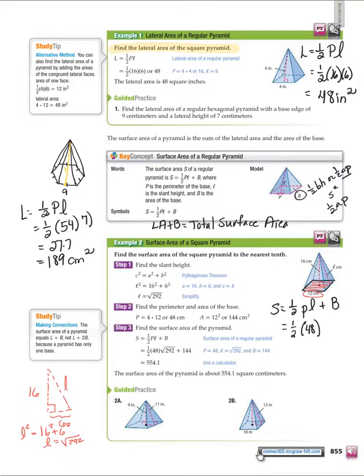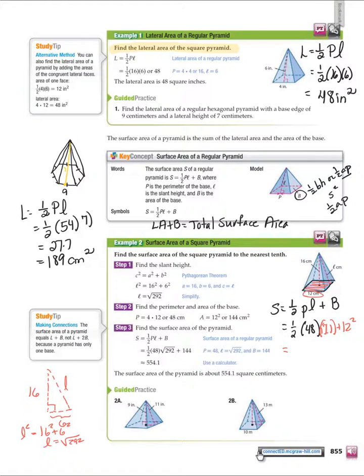Okay, so when I go to my calculator and I take the square root of 292, I'm going to find that it's approximately 17.1. Then the area of my base, since it's a square, that's going to be 12 by 12.